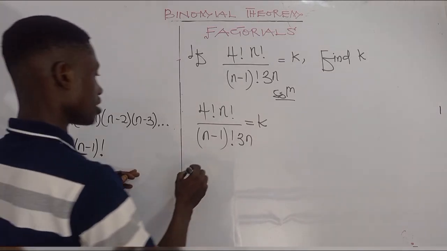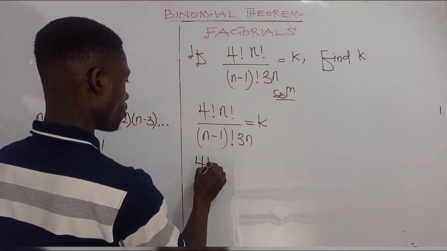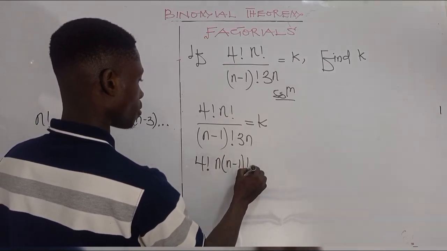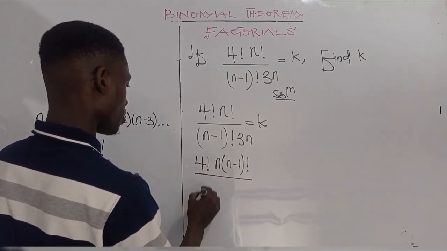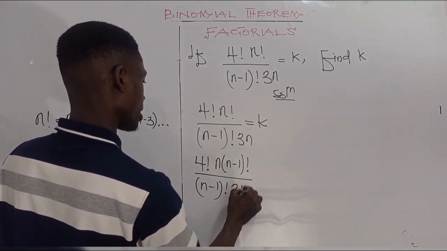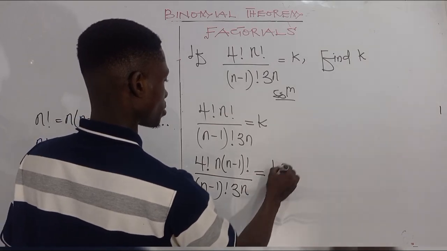So we are going to have 4 factorial multiplying n times (n minus 1) factorial, all over (n minus 1) factorial times 3n. This is equal to k.